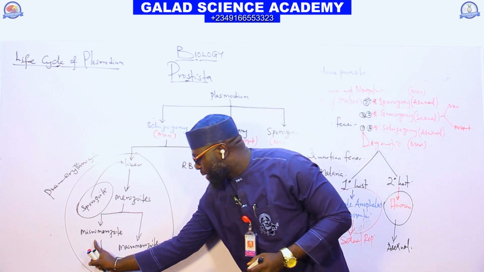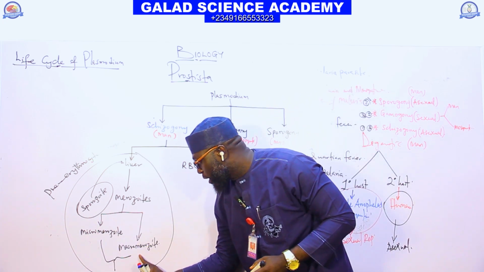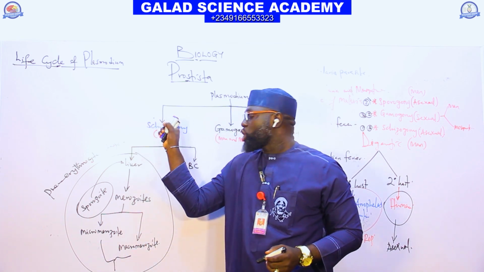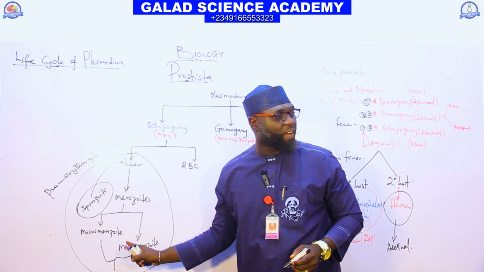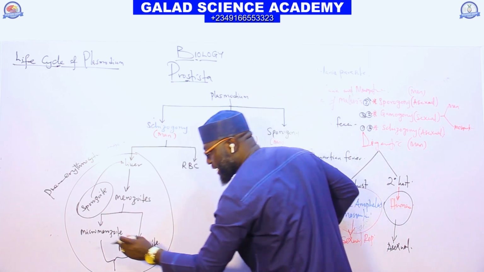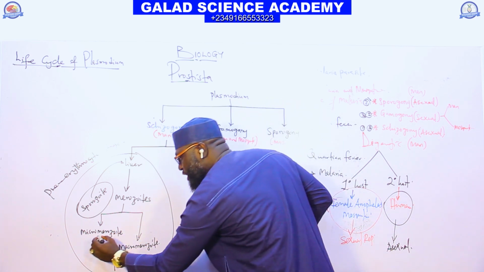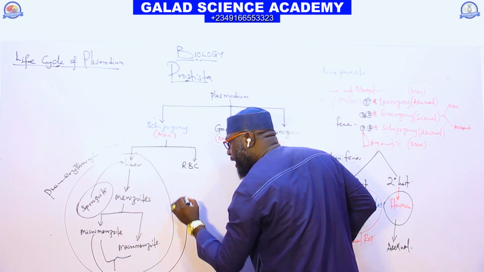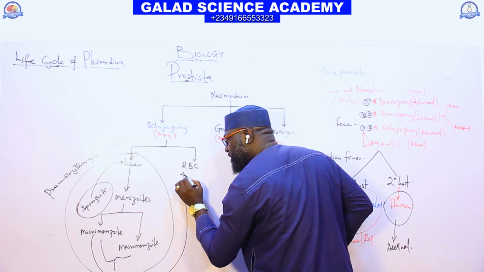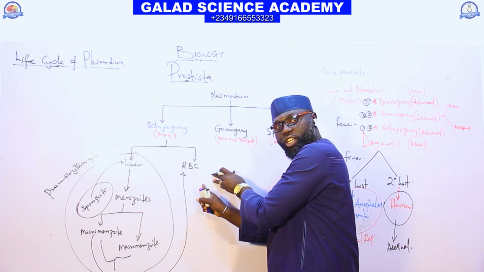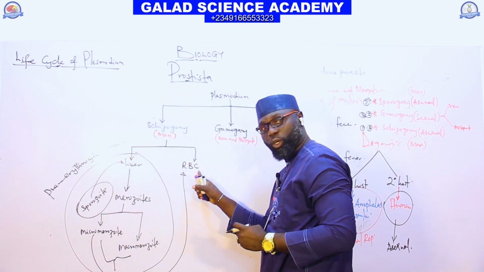So this macro and the micro merozoite are the products of the zygogony that takes place in the liver. And this micromerozoite now moves into the red blood cell to initiate the erythrocytic stage of the life cycle of Plasmodium.